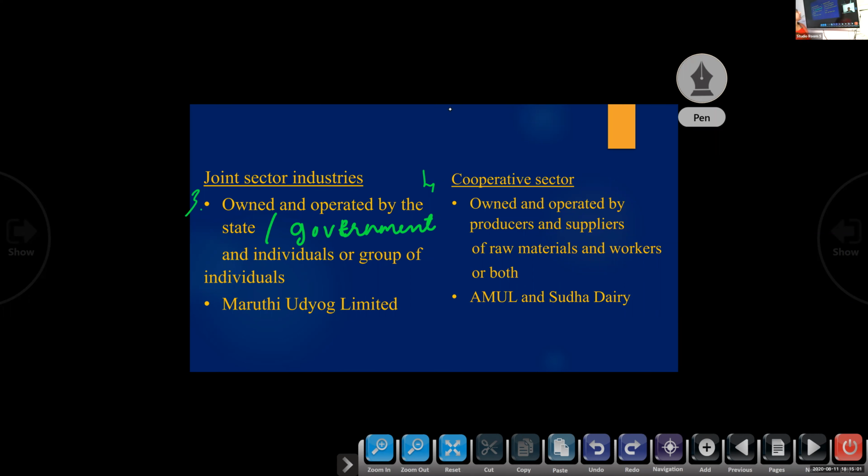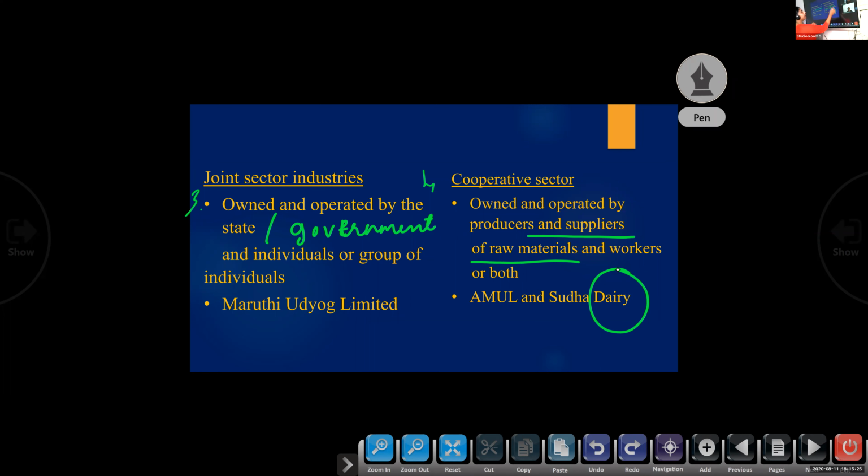Okay. Fourth classification is cooperative sector. Here, this industry is owned by members who are the producers of raw materials or suppliers. Farmers are the members of the cooperative sector, owned and operated by producers and suppliers of raw material. All dairy industry come under cooperative sector.